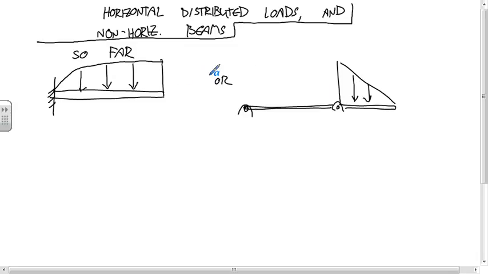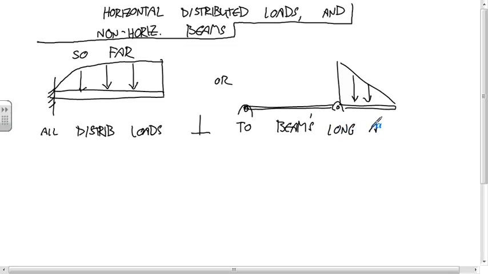But what these have in common is that the distributed loads are always perpendicular to the long axis of the beam, okay? But that doesn't have to be the case.